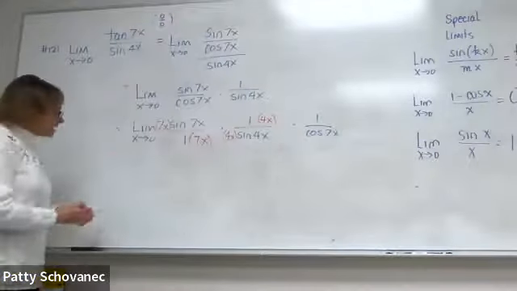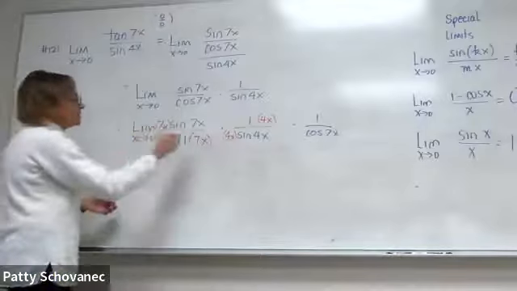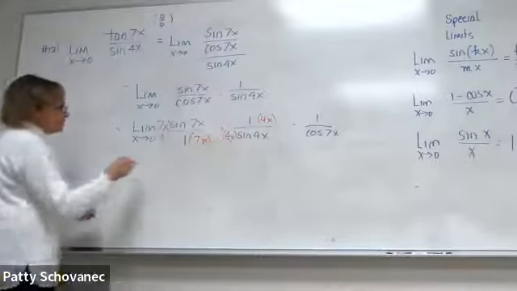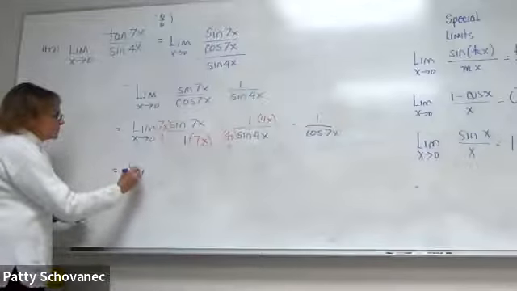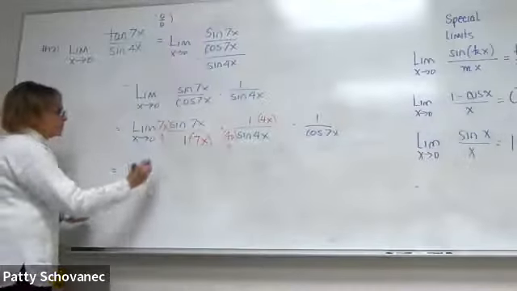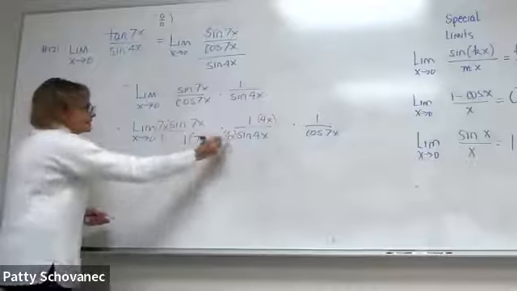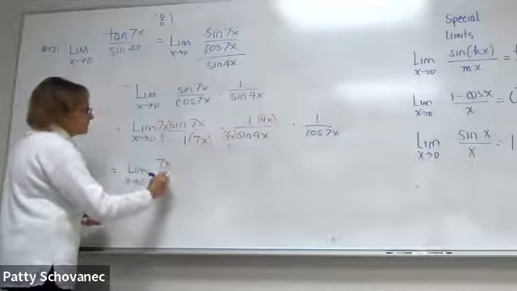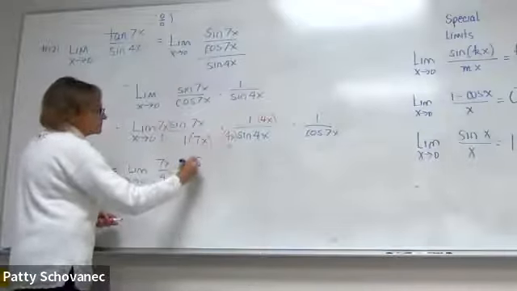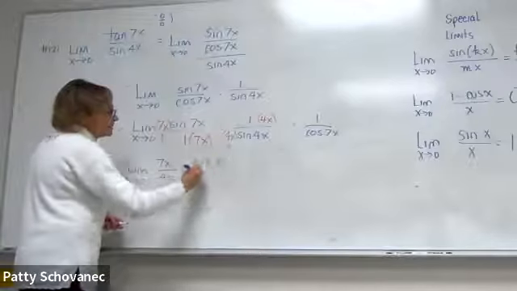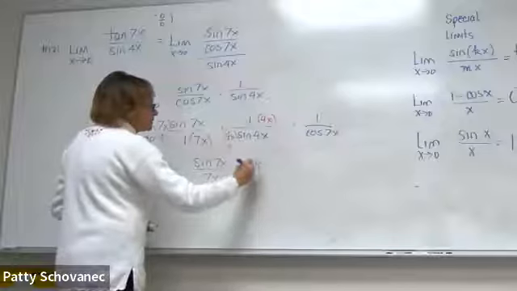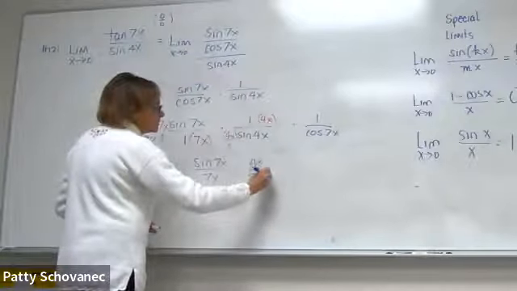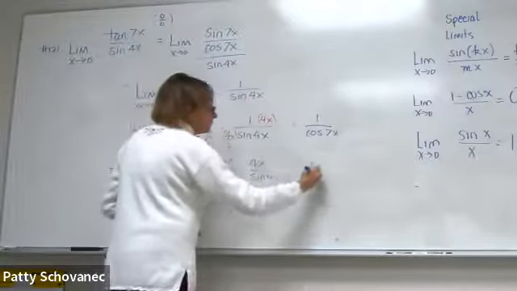Now I'm going to take this one and that one and put them together in front. So here's that 7x, here's that 4x. Then I have this, then I have this one, and then I have that one.